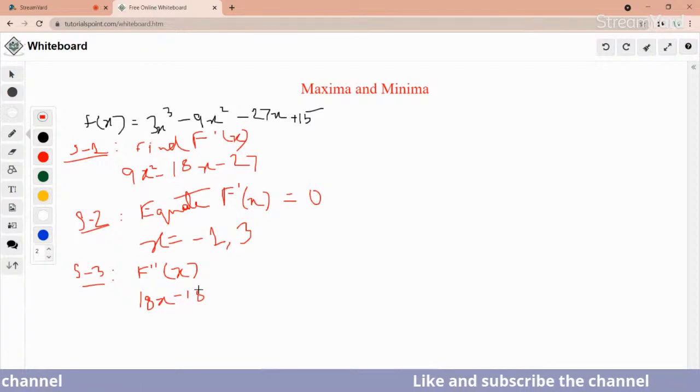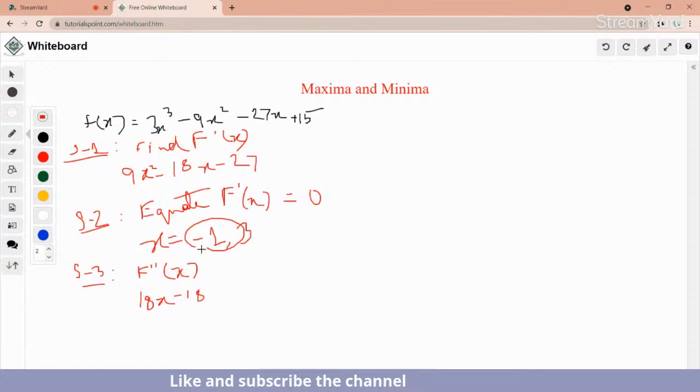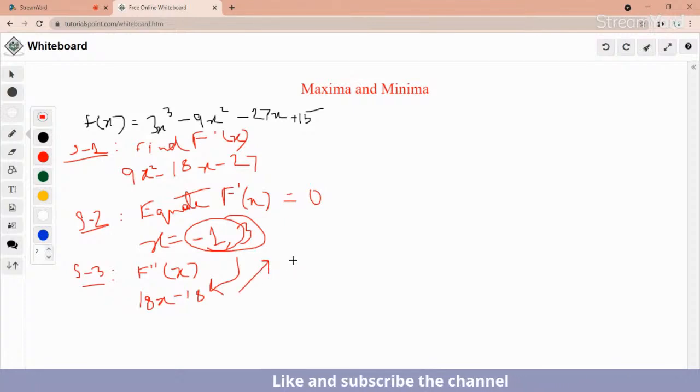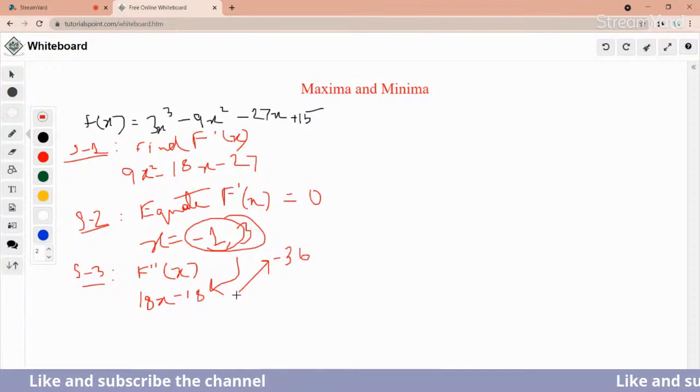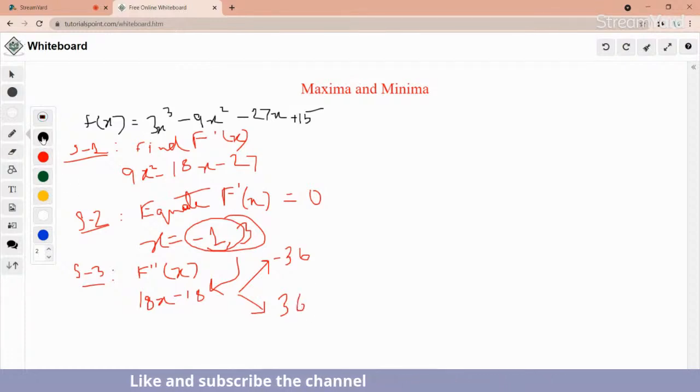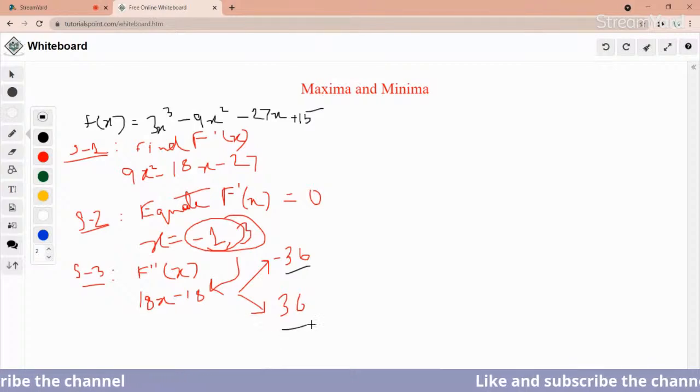Now, what will you do? Put these -1 and 3 into this. So one value will come as -36 and another will come as 36. Now remember this thing. This is negative, which is a low value. This is positive, which is a high value.